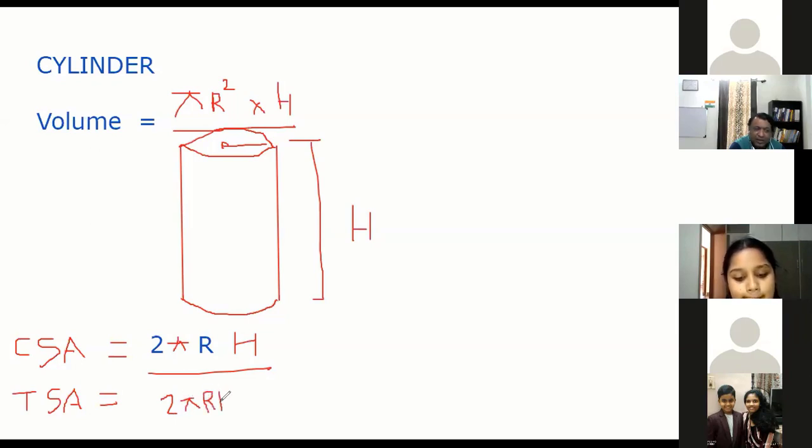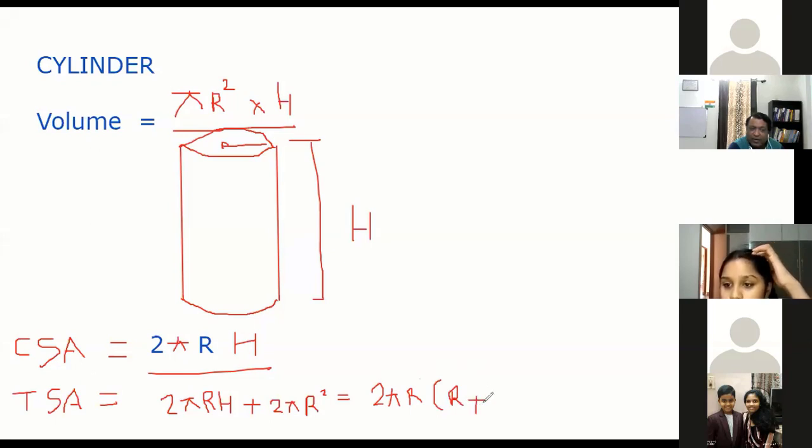Plus the area of the top and the area of the bottom, 2 pi r square, right, Gauri? It becomes your total surface area. Now if you take 2 pi r common, it becomes 2 pi r into (r plus h), and that is the formula of TSA for a cylinder.